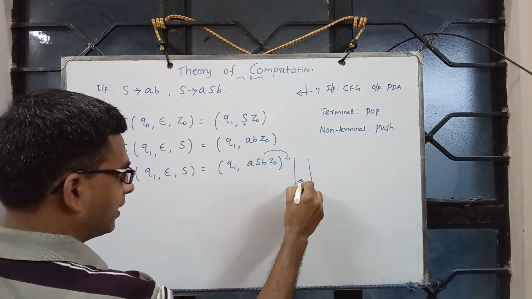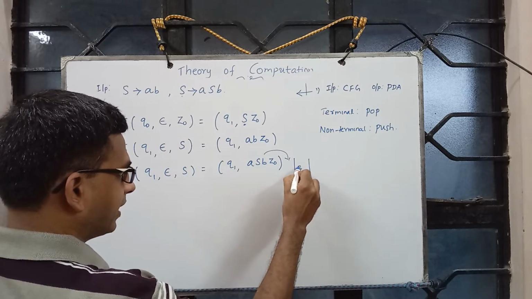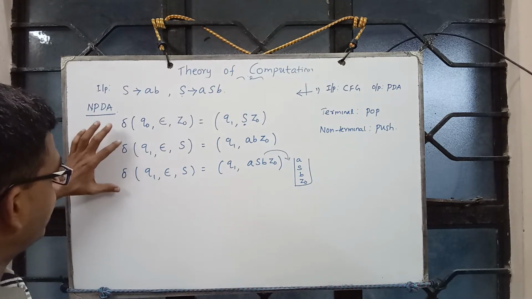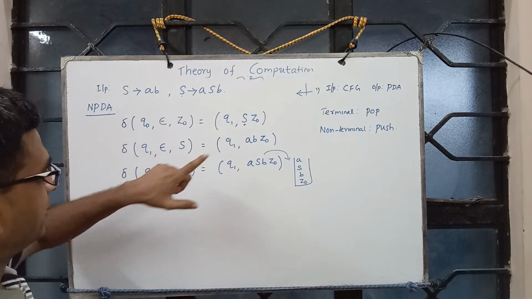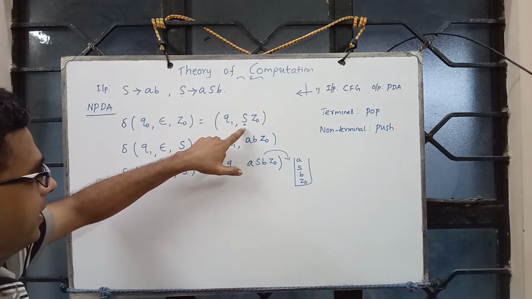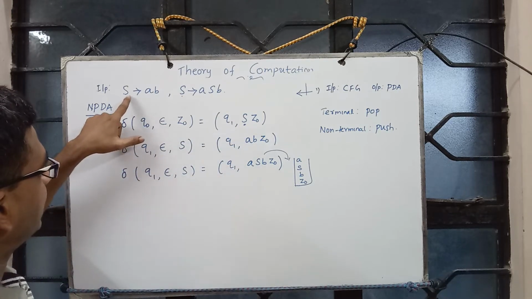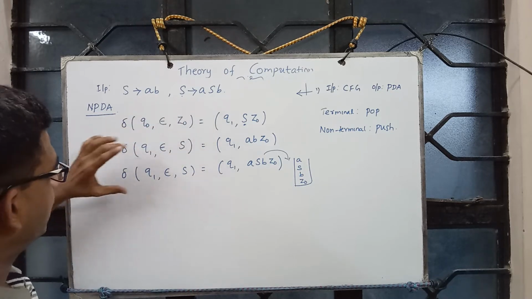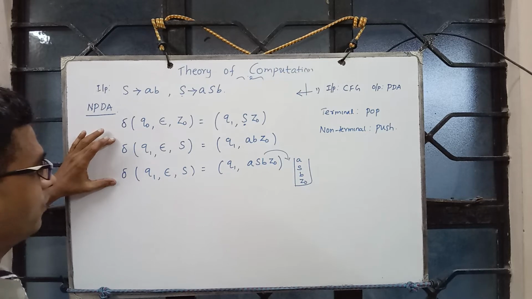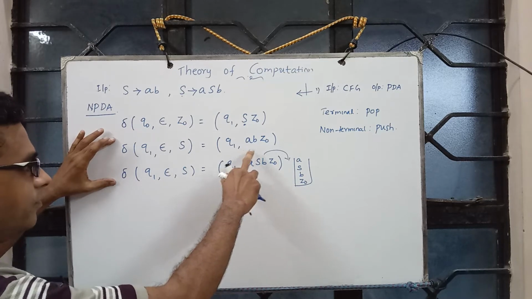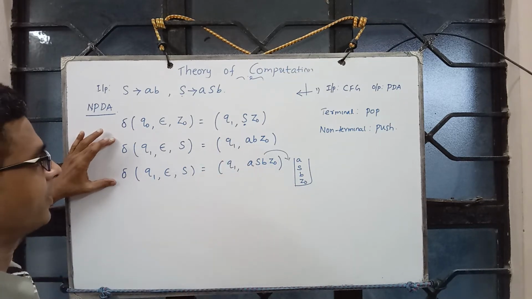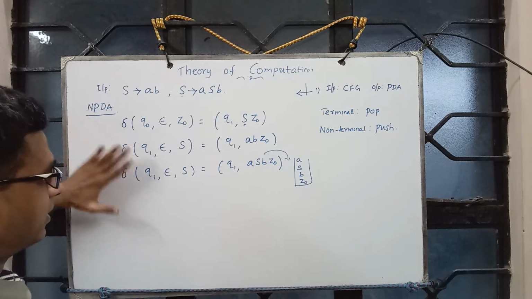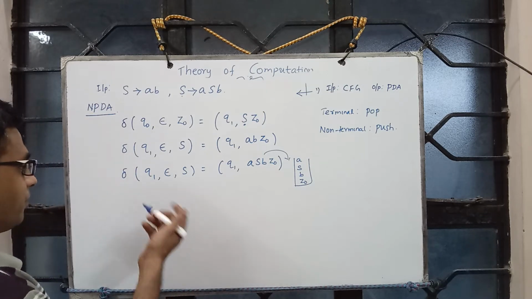It is Z0 followed by B, S, at the top it is A. Remember, we are trying to simulate the leftmost derivation. So if the non-terminal is capital S, that's our start symbol, one has to replace S by this or this, but it's a non-deterministic machine. So we do not know whether to go for this or this. We write both. Fine.